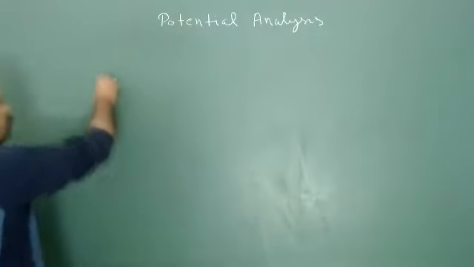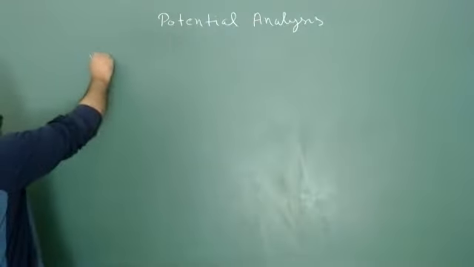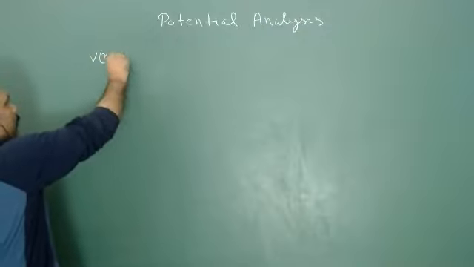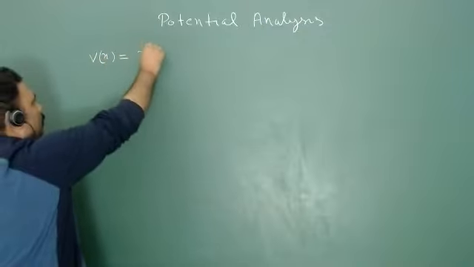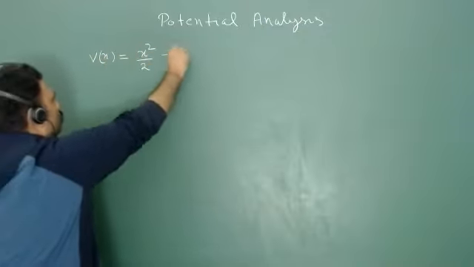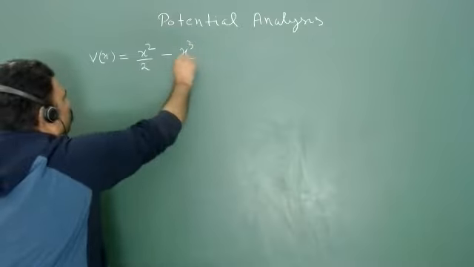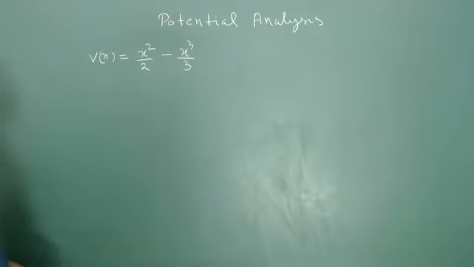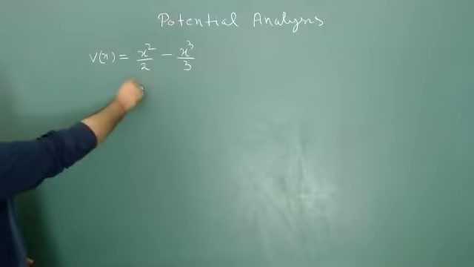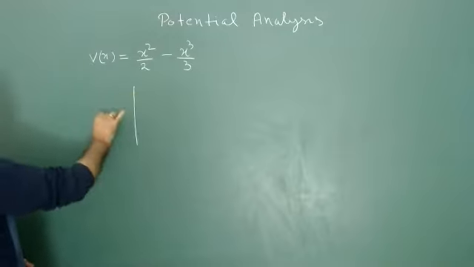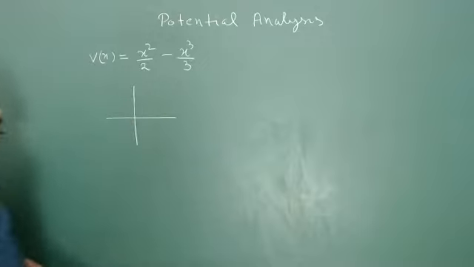So we have a potential. This potential is V(x), and that value is x squared by 2 minus x cubed by 3. This is our potential, and I have plotted it in the last class actually.